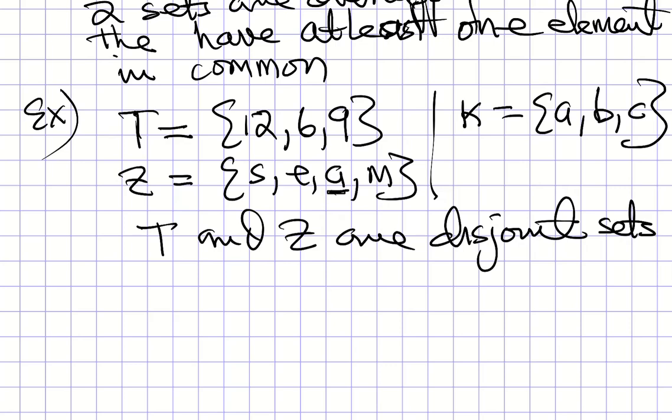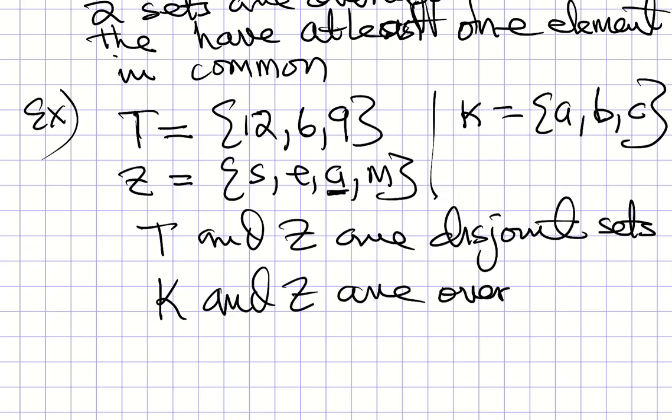At least one element, A, is in common. We can pinpoint one element they have in common. So we say K and Z are overlapping sets.